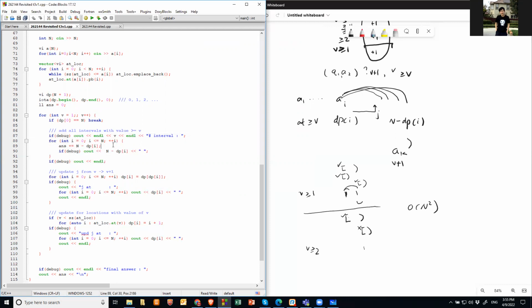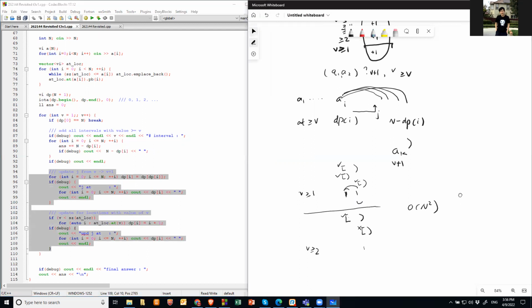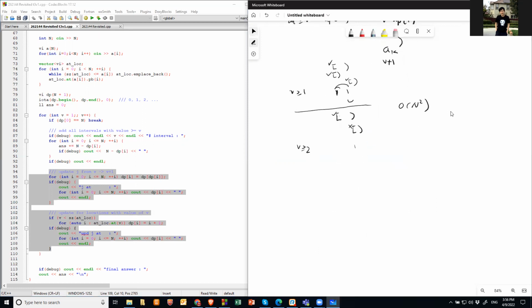So what is this? This calculates, for a given v, how many intervals you have. And this part is the update. So then how do I convert from O(n) squared to O(n log n), okay? Look at it.